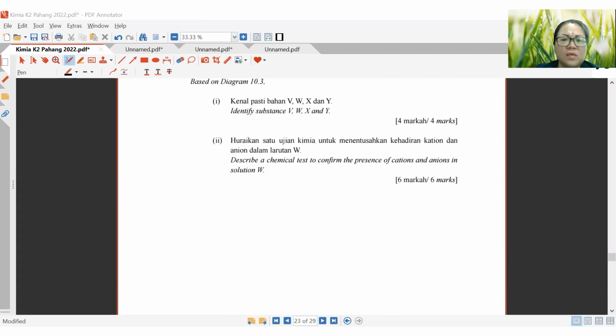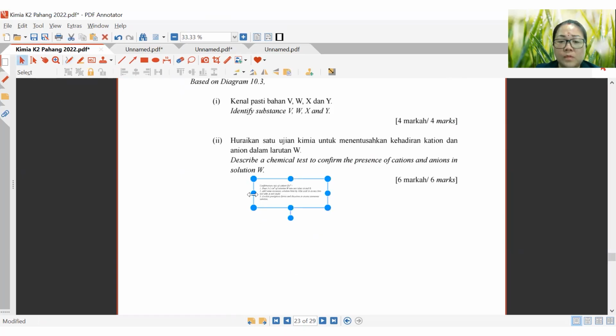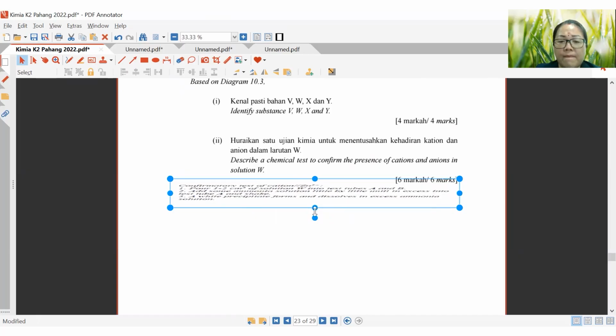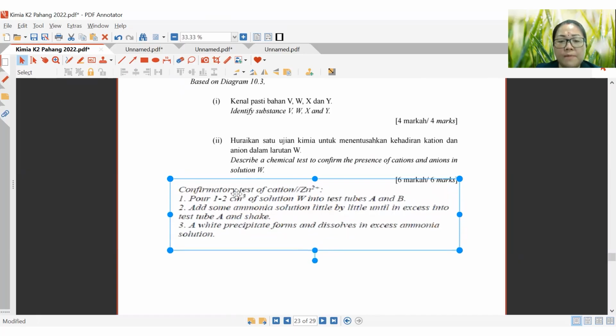Because for zinc the methods are very limited. So in this case I will use ammonia solution. So this is for zinc.